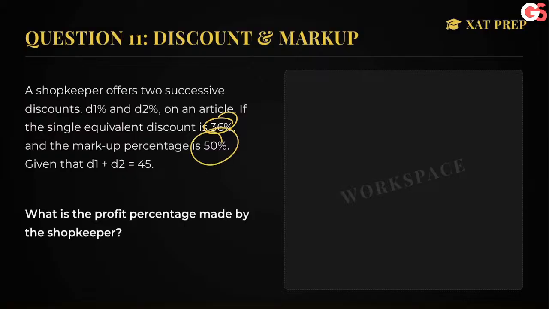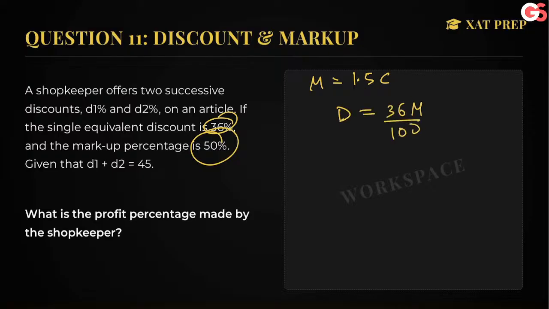So M is equal to 1.5 C and discount. This is M. Okay, and M minus S, selling price. This is S. This is actually equal to the discount. That is 36%. ठीक है, ठीक है. So I'll write discount as 36 M by 100.